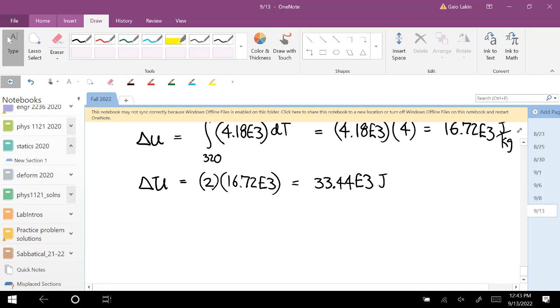Now we want to calculate the enthalpy. I'll do that for specific enthalpy again. The change in specific enthalpy is equal to the change in specific internal energy plus the change in PV.